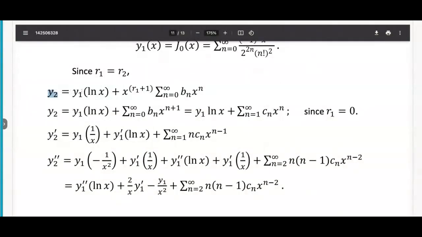So y2 is log x times y1 plus x raised to r1 plus 1 times this power series. Or you could just ignore this one and add the power r1 plus 1 into this, n plus r1 plus 1.